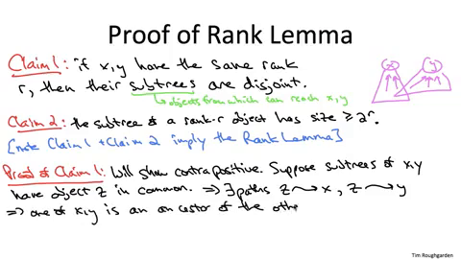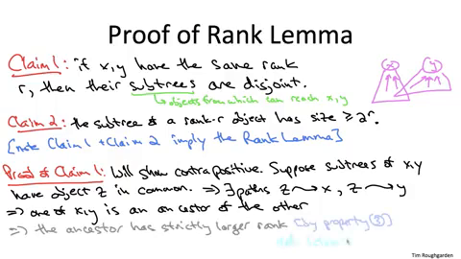If they're both on this path, then one has to be an ancestor of the other. So now we're going to use the third of our simple properties that we observed, that is, on every path to the root, ranks strictly go up each time. So whichever of x or y is an ancestor of the other has strictly higher rank. Therefore, x and y do not have the same rank. That completes the proof of claim 1.